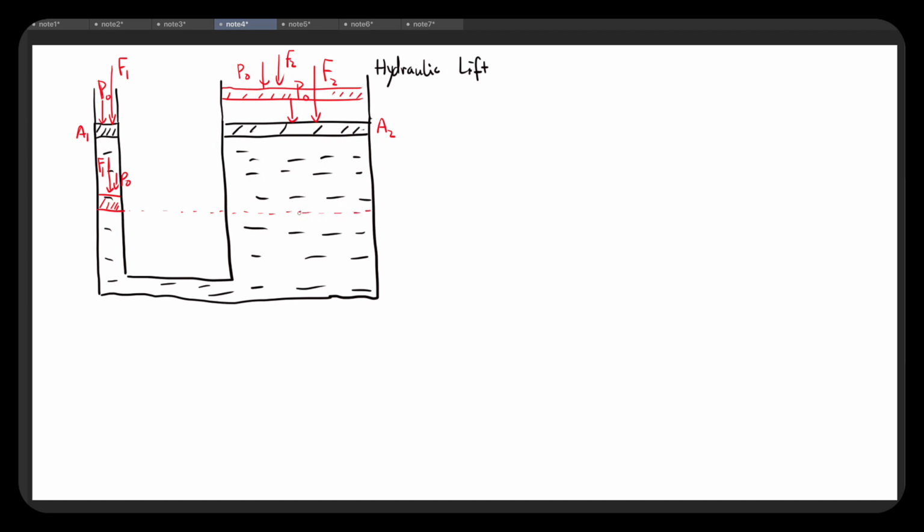And the pressure at this point is equal to, according to the hydrostatic pressure formula, P equals P naught plus F2 over A2 plus rho g H. So H is this height here.